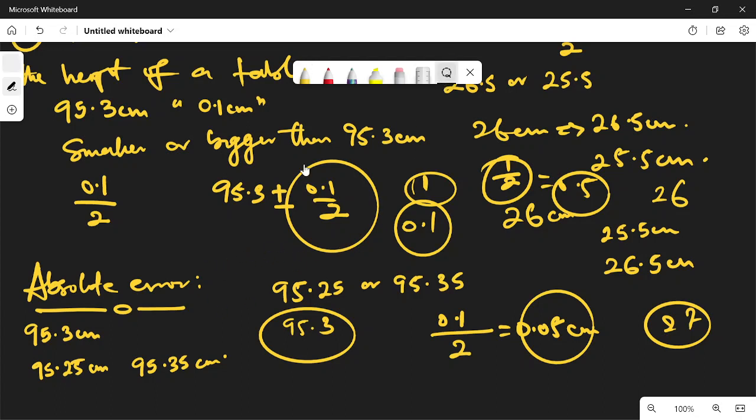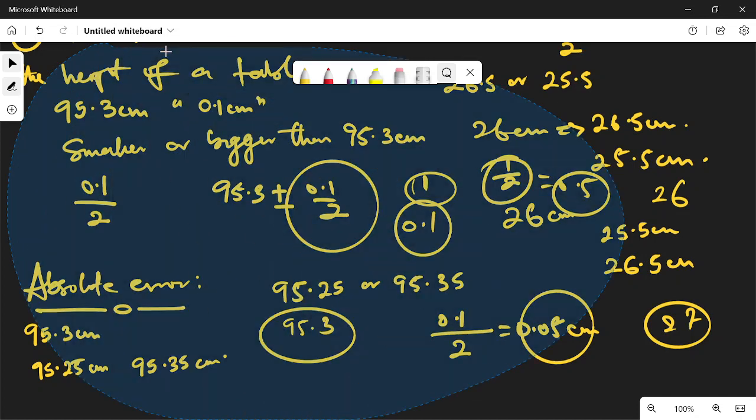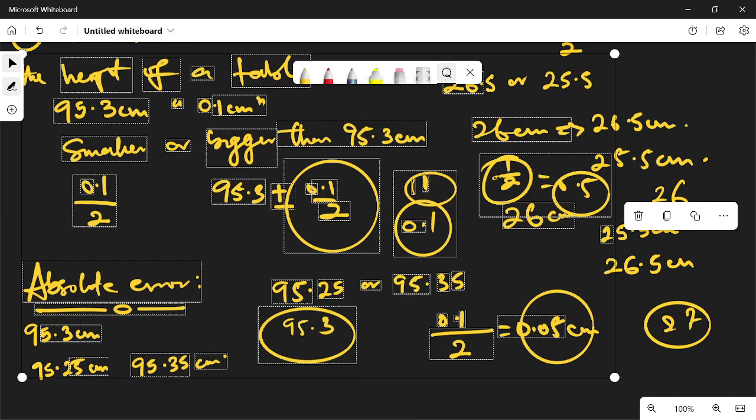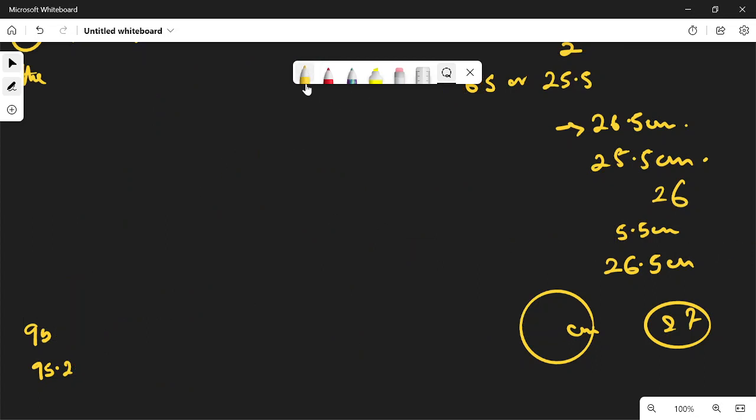So absolute error rather, let me give you this. We're running out of time already. So let me say I have 26.0. This 26.0 can either be written as 25.95, so if I want to turn this one to one decimal place, it will become 26.0.